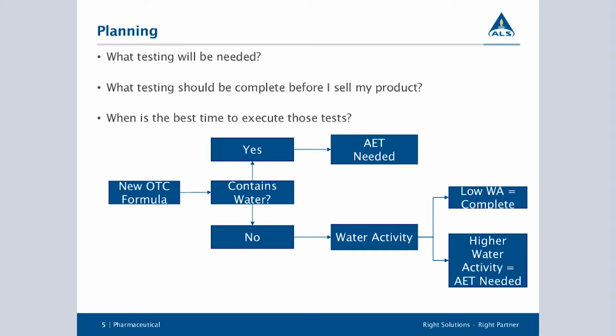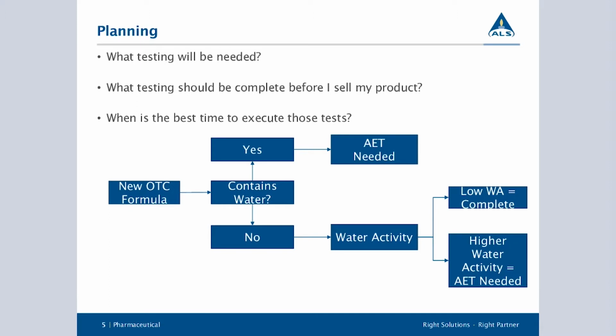Before we move forward, part of deciding about test needs is that there are a number of different decision trees that can be employed. Here is one that we put together for deciding whether or not preservative challenge testing will be needed. Any water-based or water-containing formula, generally above 1%, will need a preservative effectiveness test.